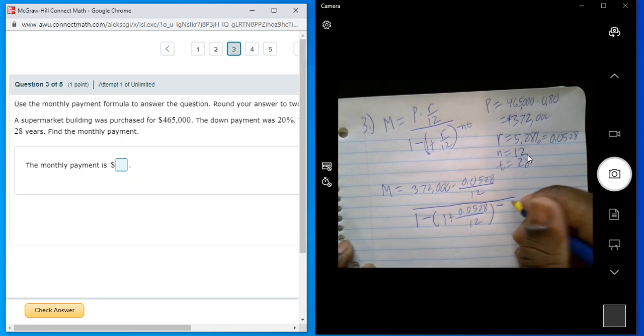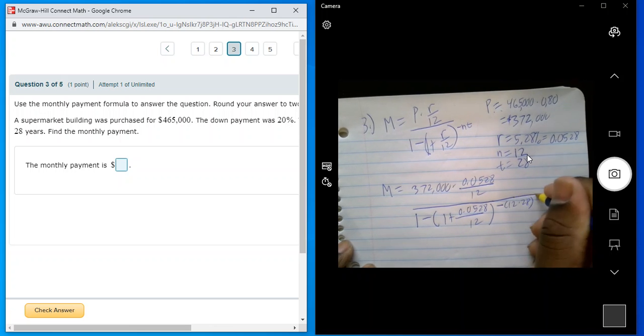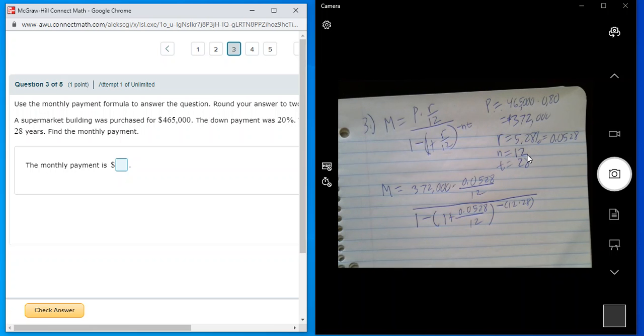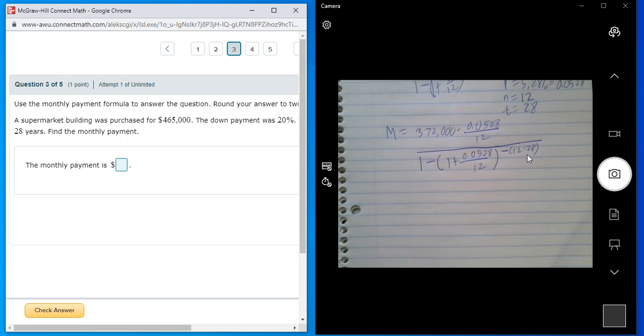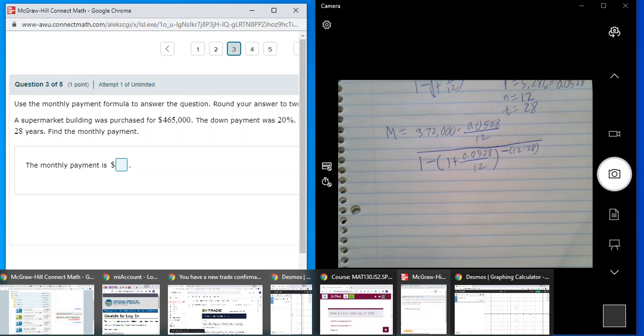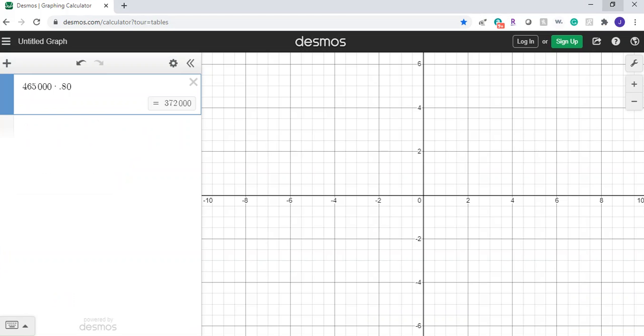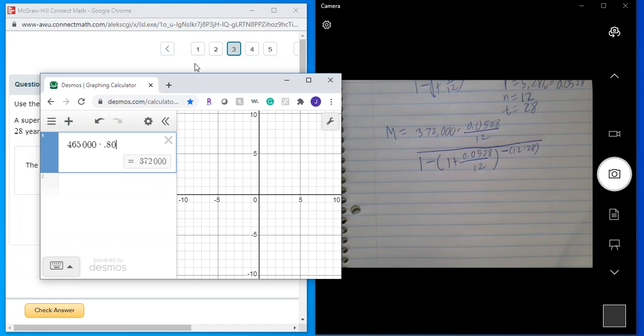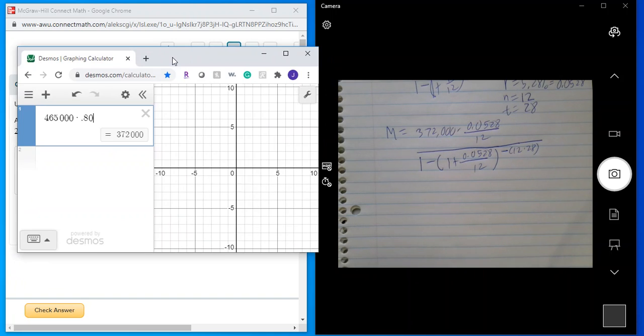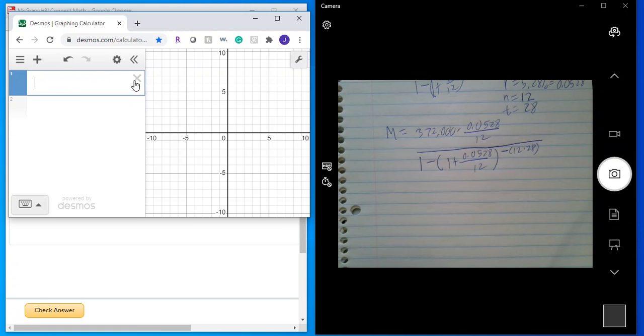Now, n is 12 and t is 28. So now we're going to put this all in our calculator. So we're going to go back to Desmos, and we're going to put these values in Desmos.